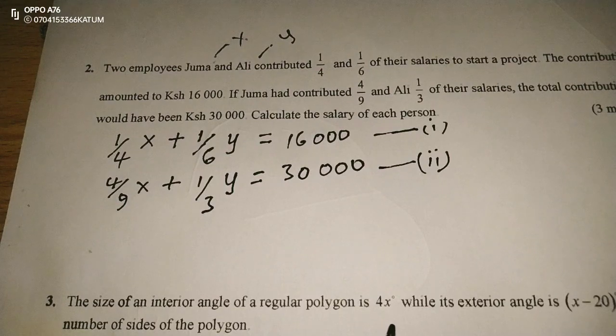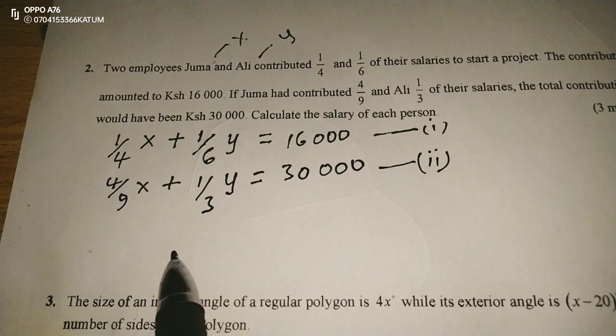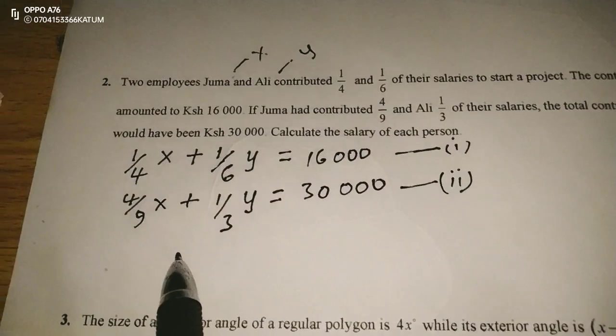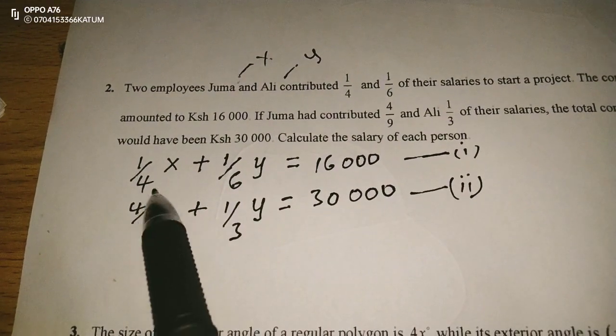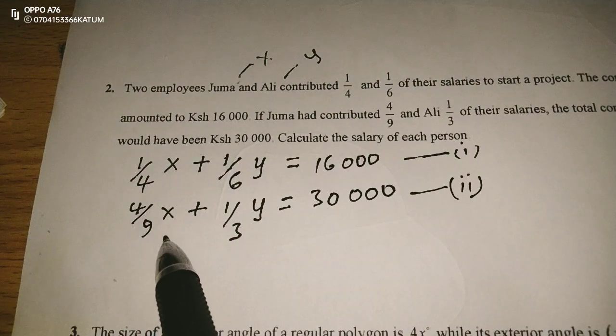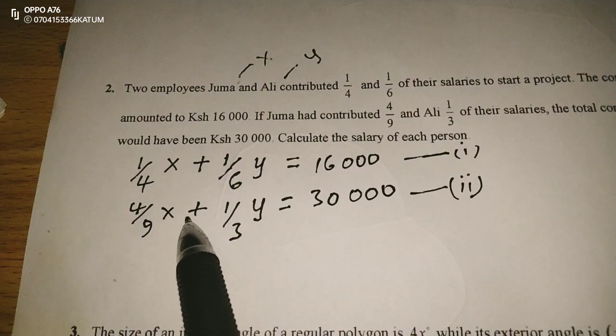So first, I would prefer to use what we call the elimination method. I'm going to make the coefficients of X equal because I would like to eliminate X in the two equations.